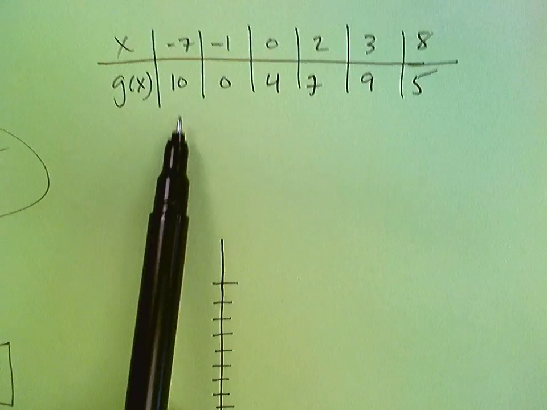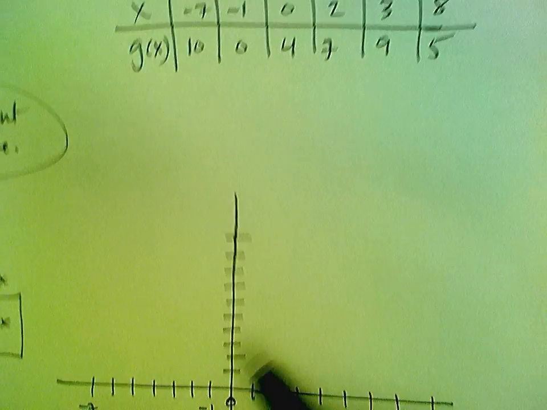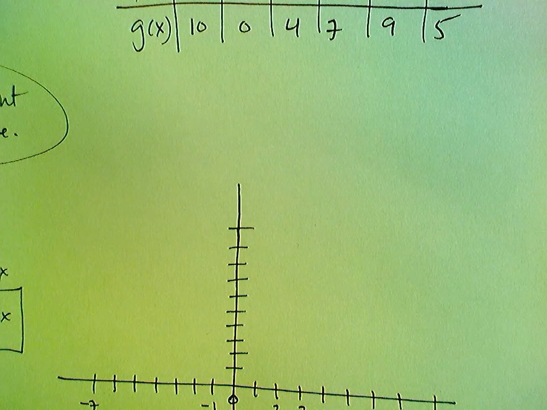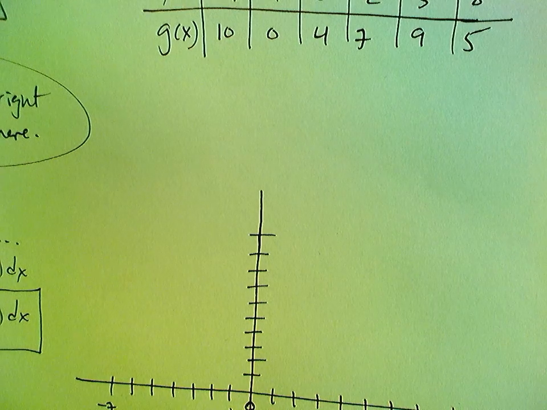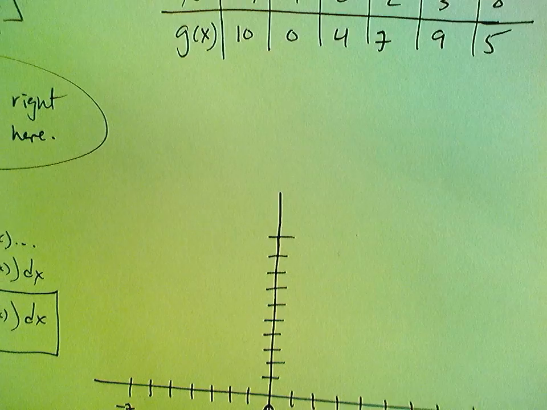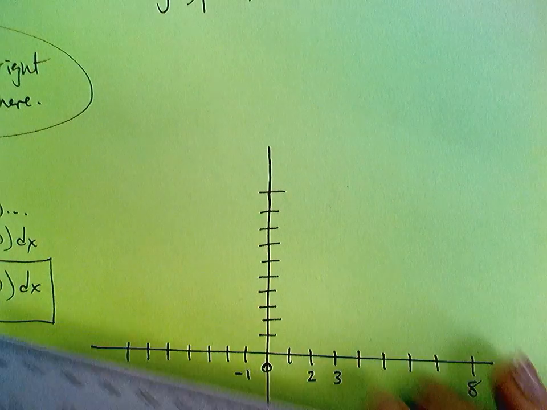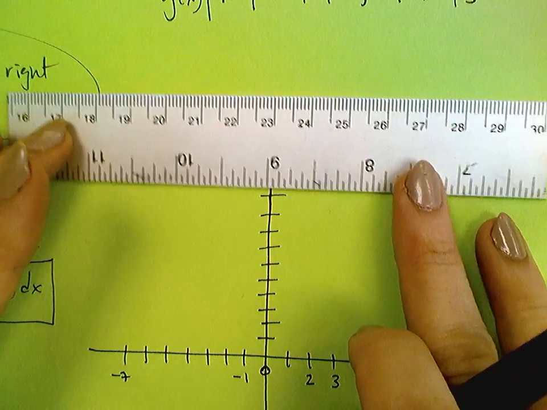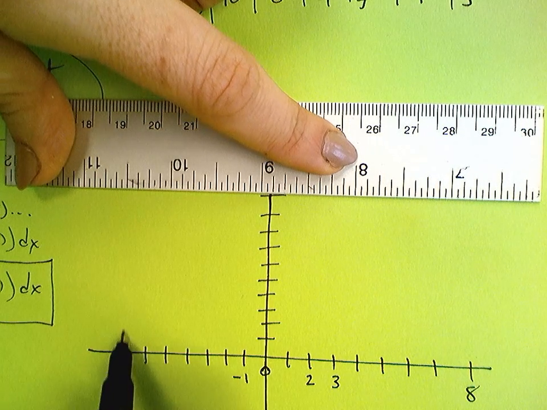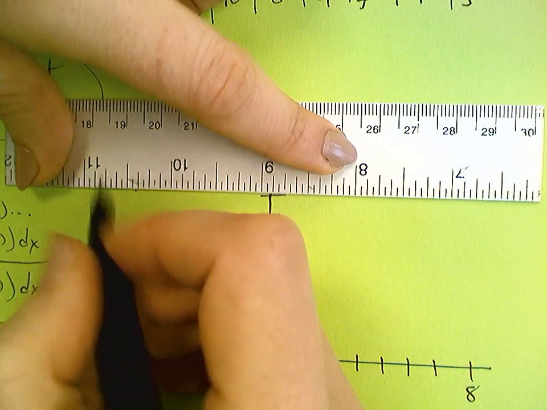My highest y value is 10, so I did 10 notches. You don't have to do it like this, but I'll show you something that helps me. For -7, I need an output of 10. So I take a ruler, go all the way up to 10, and then go like that.